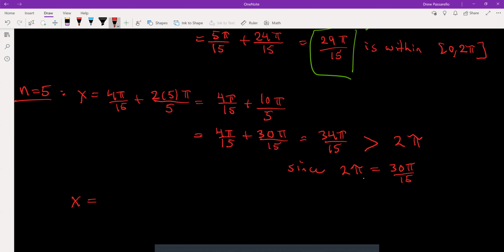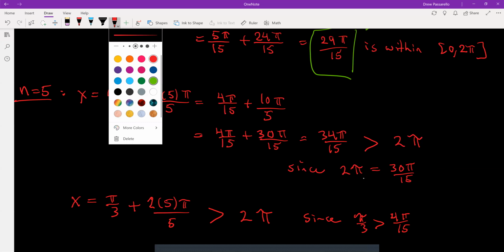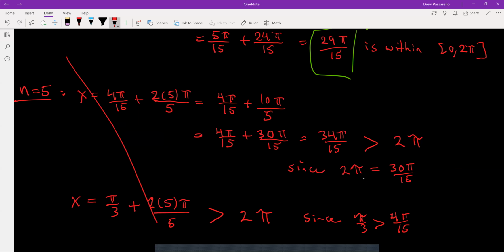So whatever it's going to turn out to be, that's going to be greater than 2 pi. So it doesn't work when n is 5. All right, so it does not work.